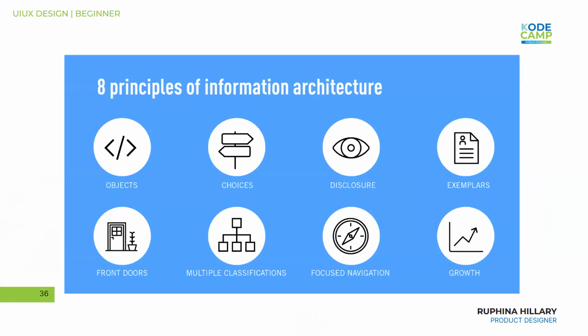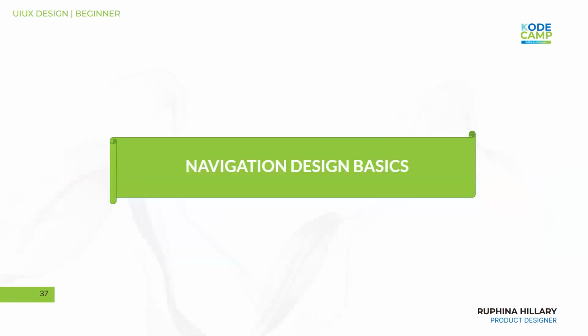So there are eight principles of information architecture. Okay, so: object, choices, disclosure, exemplars, front doors, multiple classification, focused navigation, and growth. Those are the 8 principles of information architecture.